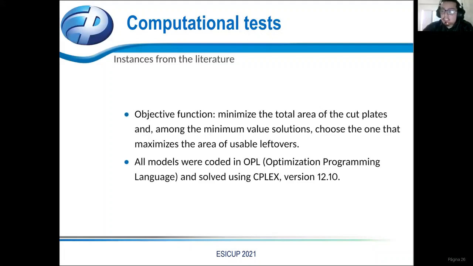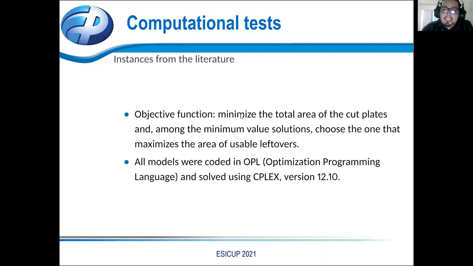The objective function of the model proposed by Andrade is to minimize the total area of the cut plates, and among this minimum value of area, choose the one that maximizes the area of usable leftovers. So it's different from the objective function of our model.